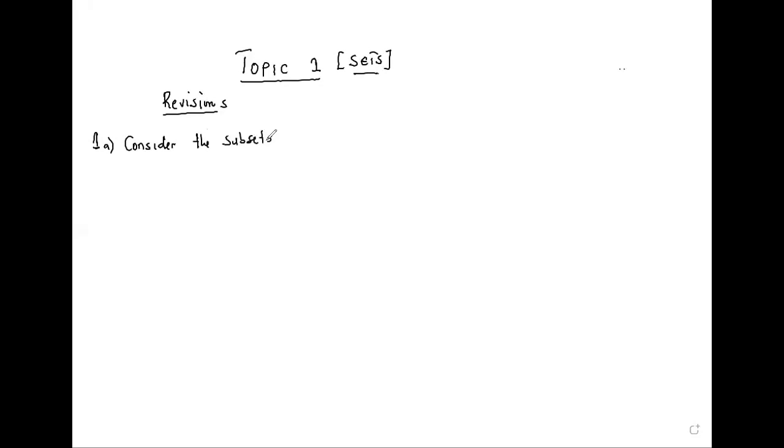So consider the subsets. We are given A to be -7,4.